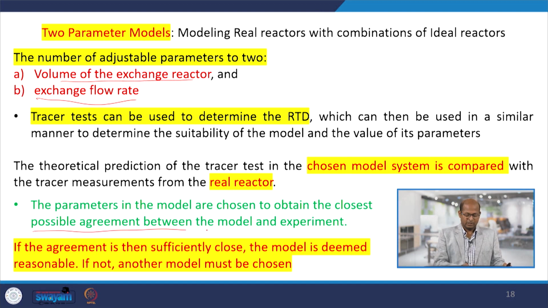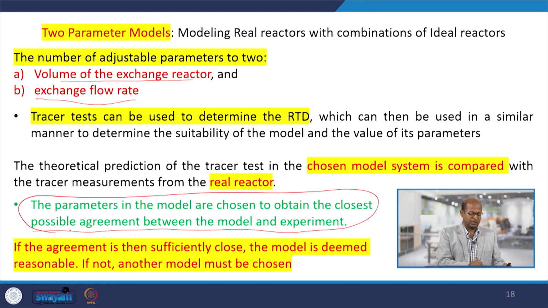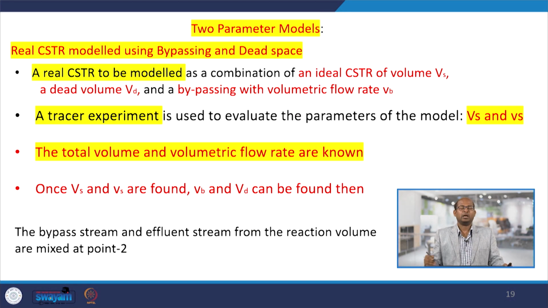This part is very important: the parameters we develop through these models should be such that the experimental observations and model observations match. Otherwise that model would not be valid, and we have to choose another model to validate our reactors, to see to what extent it is suitable or to what extent it is ideal.